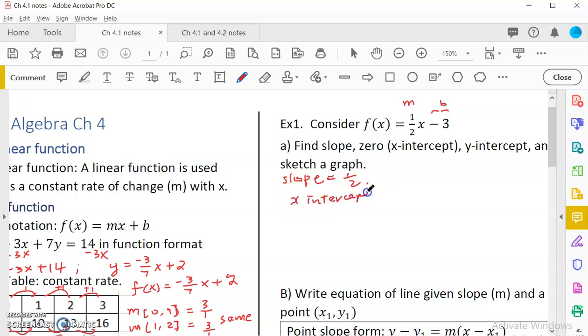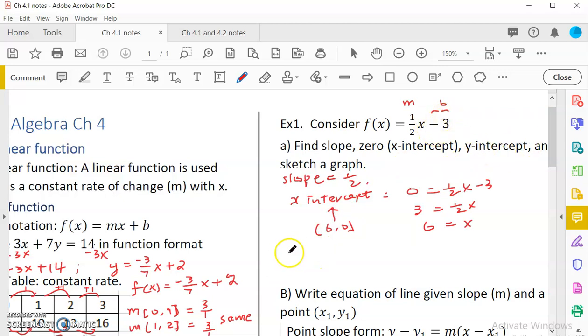X-intercept is when y is 0. So I say 0 equals 1/2 x minus 3. I solve it by adding 3 on both sides, so 3 equals 1/2 x. Then I multiply by 2 on both sides: 6 equals x. So the x-intercept is (6, 0).